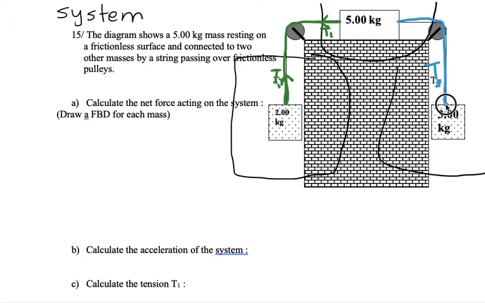On the 3 kilogram, at the point that it is attached, it is pulling this object upward, so there is T2 on the 3 kilogram. But this rope is also connected to the 5 kilogram and it's acting towards the right. So in that direction, on the 5 kilogram will be a T2.